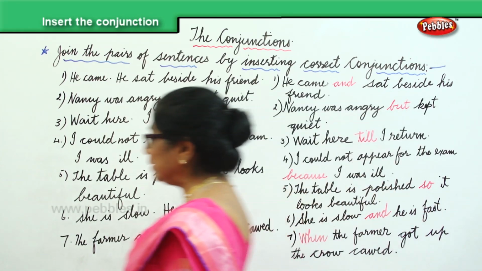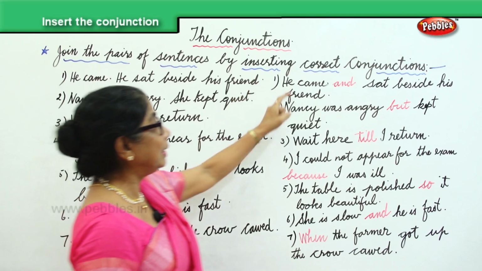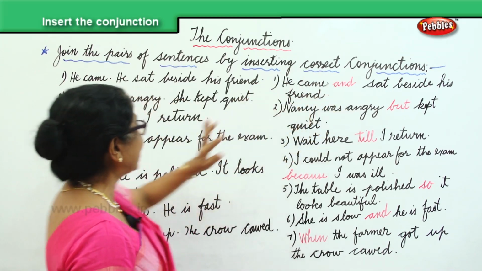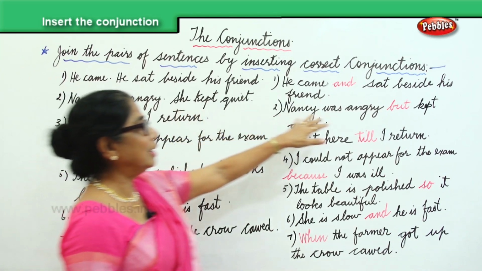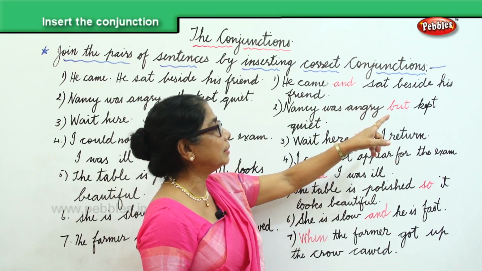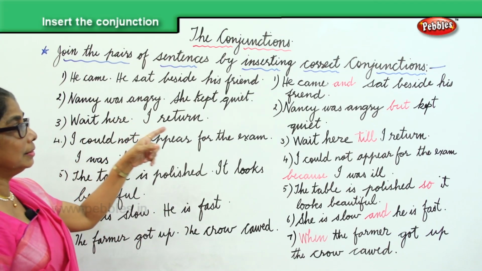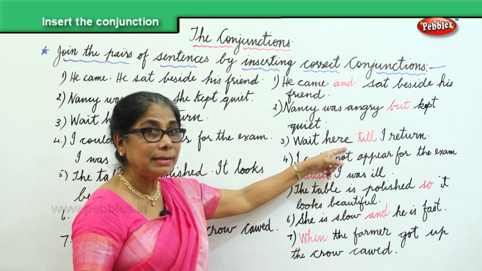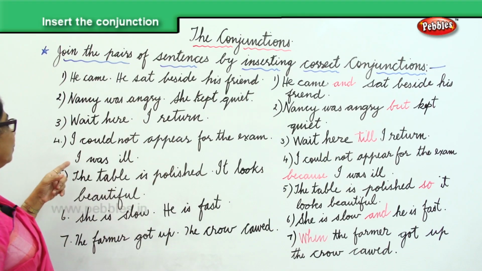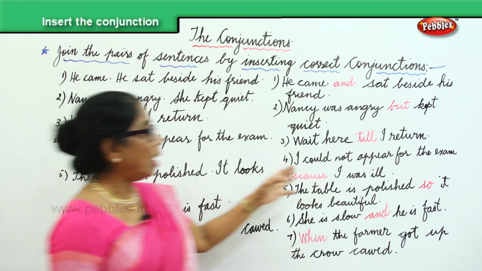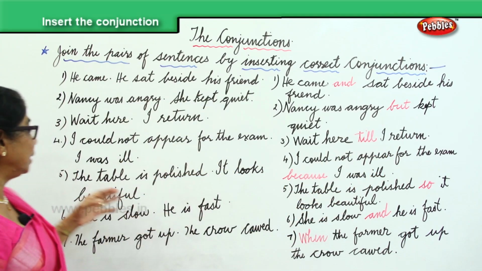Let's look at the 7 sentences. He came, he sat beside his friend. He came and sat beside his friend. Nancy was angry. She kept quiet. Nancy was angry but kept quiet. Wait here, I return. Wait here till I return. I could not appear for the exam. I was ill. I could not appear for the exam because I was ill.